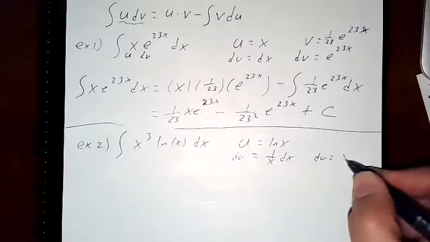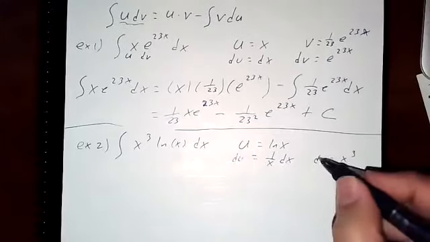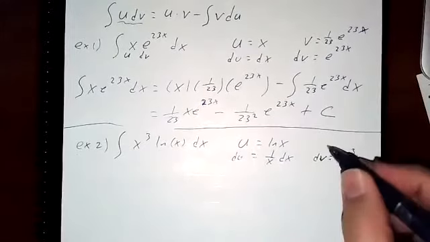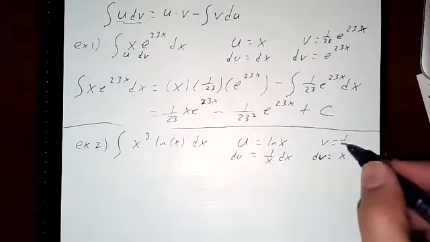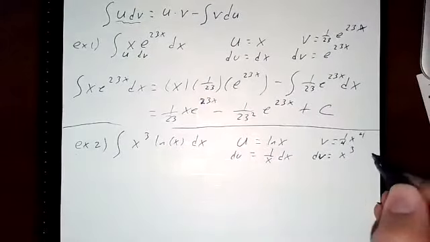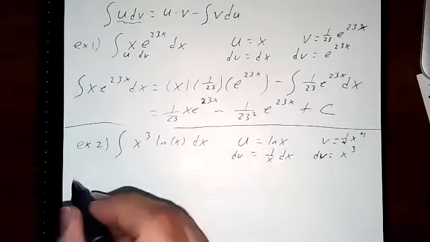dv is x cubed dx, so the integral would be, what, 1/4 x to the 4th, right? So this is easier to find, so now let's try the formula.